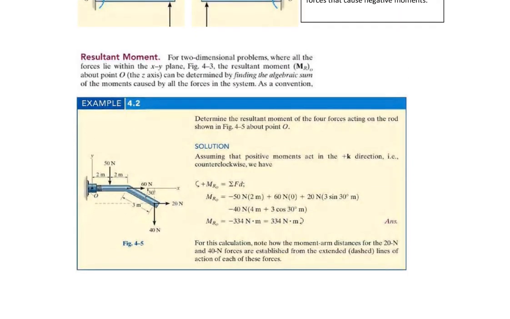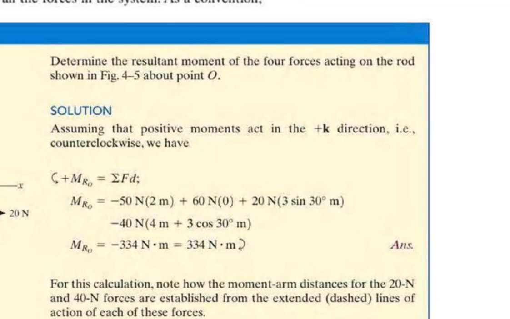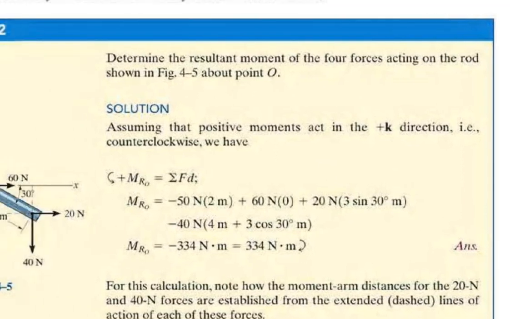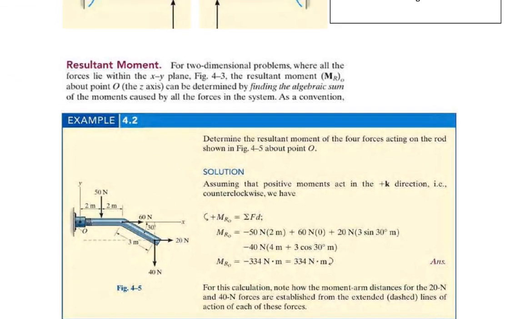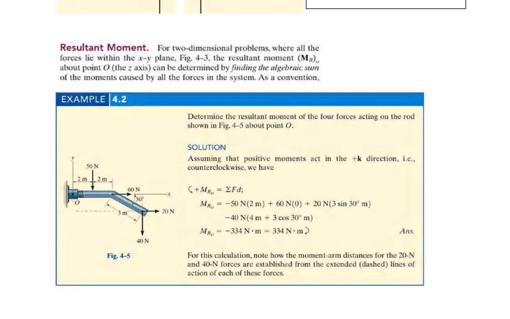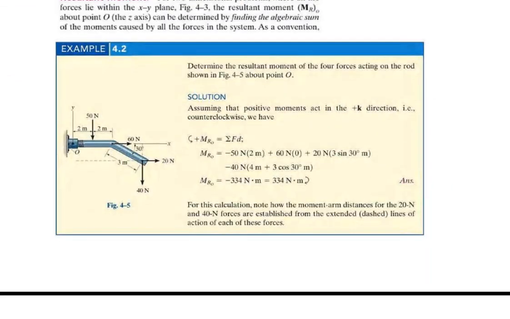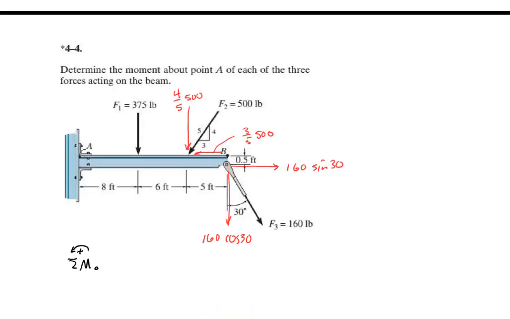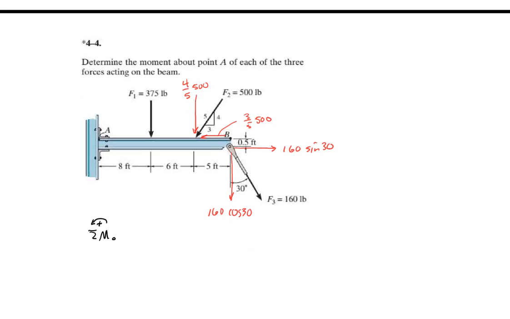I should have pointed this out before, but if you look carefully, they use this little designation here where they are going positive. That says that counterclockwise is positive. In general, we will always use counterclockwise as positive. I don't think there are very many examples where we will do anything different. You can either put your little positive sign on the left hand side like that, or you can put it above the moment like I tend to do.